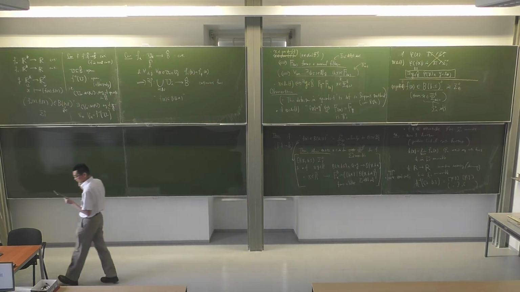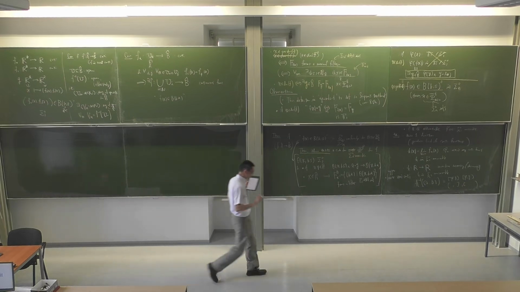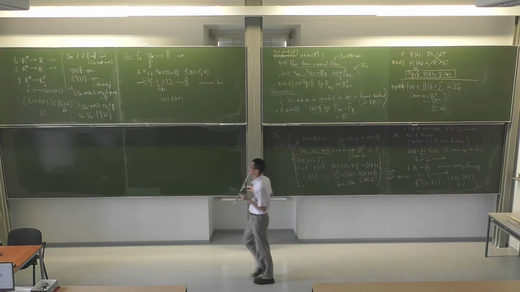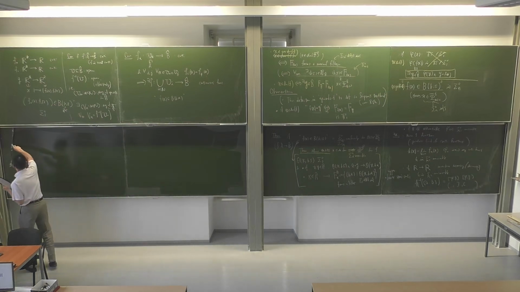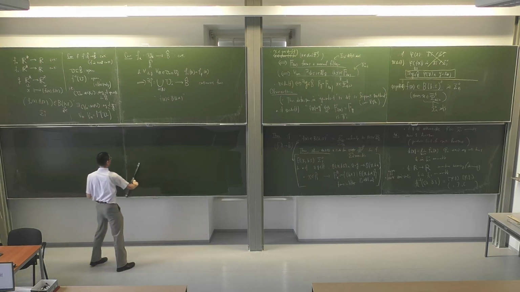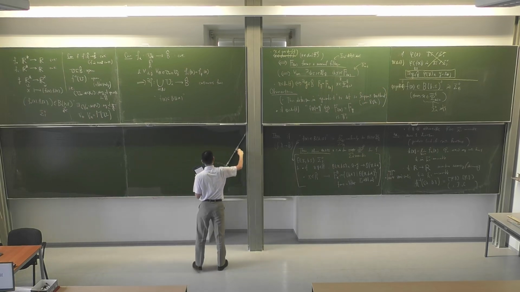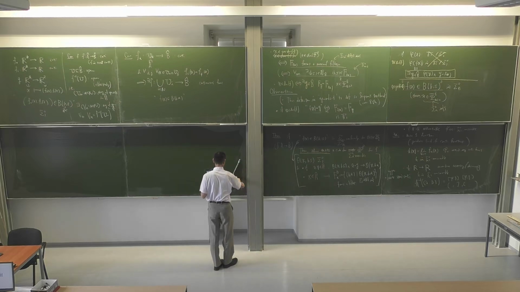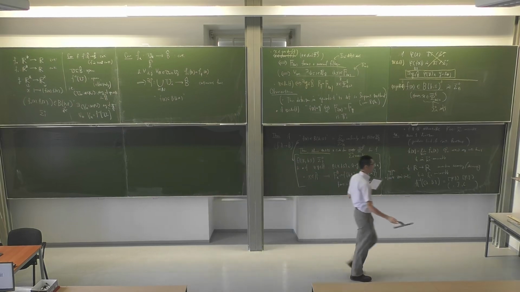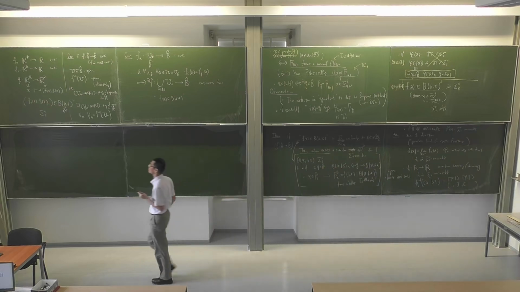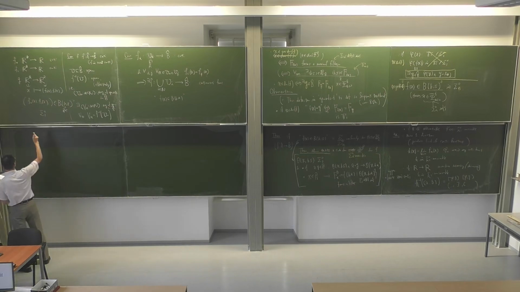So I only have 5 minutes more, so I just want to describe the known results of RCA 0 today, and then tomorrow I will give a proof for some of them. So what's provable within RCA 0?